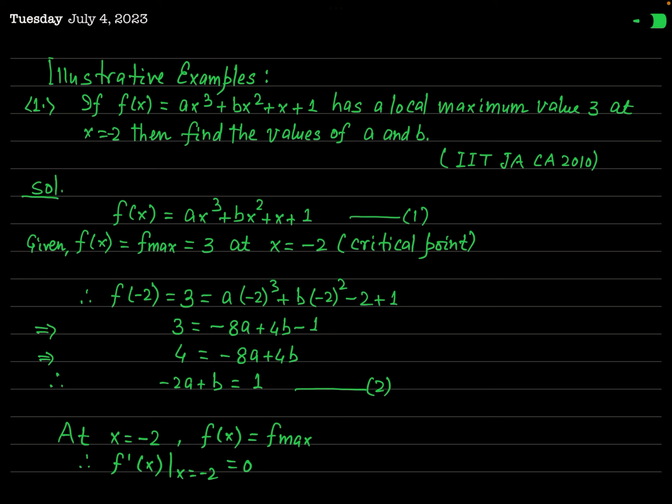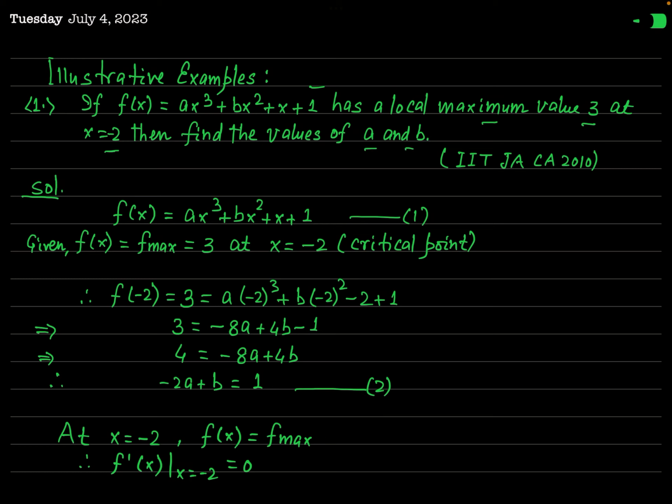In the first example, the problem is: if f of x is equal to a x cube plus b x squared plus x plus 1, you can see here, has a local maximum value of 3 at x equal to minus 2, then find the values of a and b.